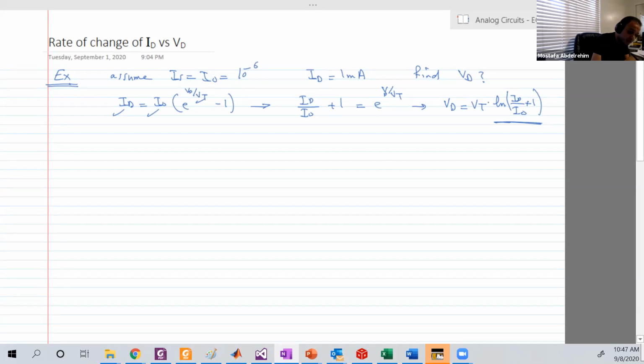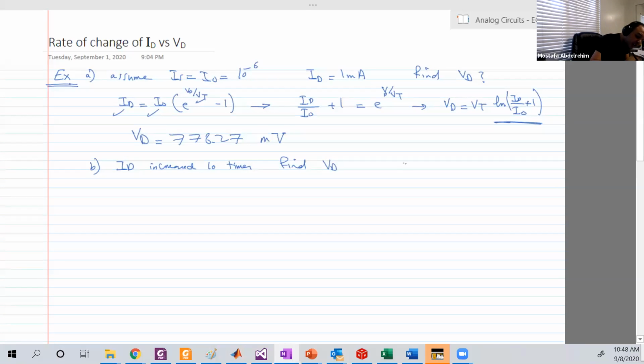Just plug in the numbers. You know I naught, you know ID. If we calculate this, VD will be equal to 778.27 millivolts. But for part B, for the same problem, if ID increased 10 times, find VD.